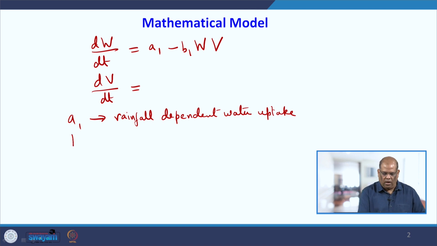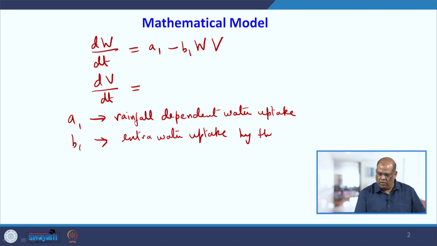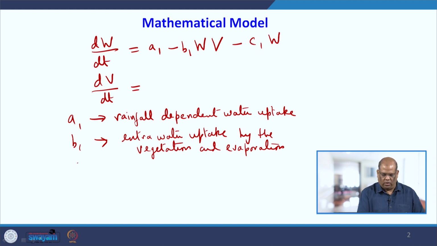So, your B1 is going to be the extra water uptake by the vegetation, and some evaporation. And then there is going to be a normal evaporation of the water. So, we say C1 is the normal evaporation.